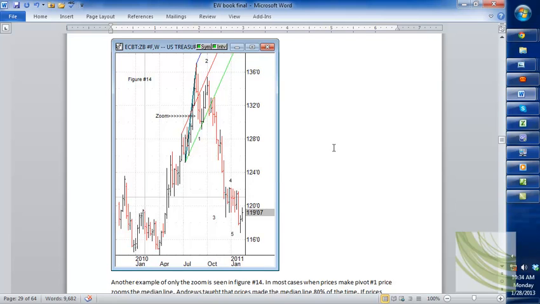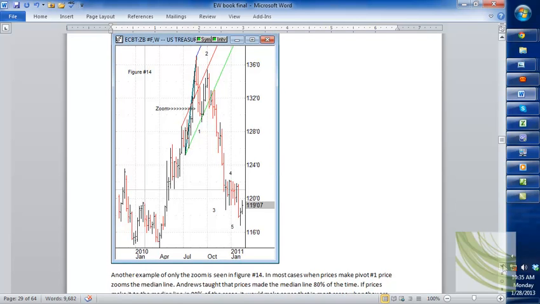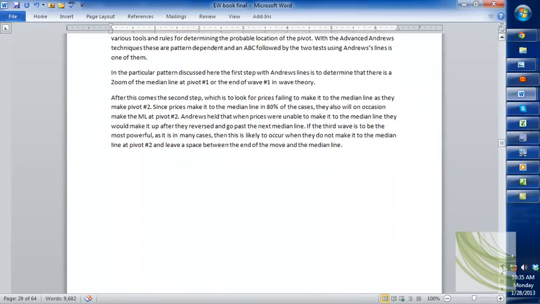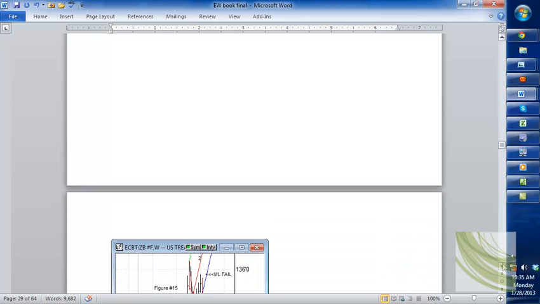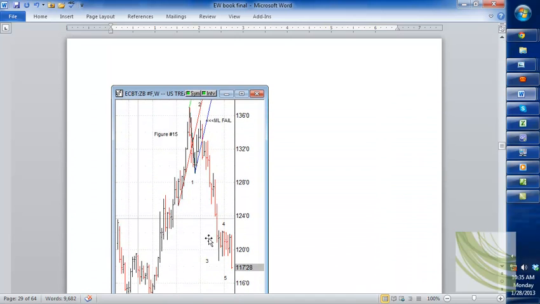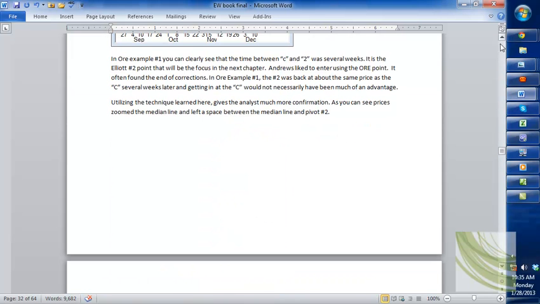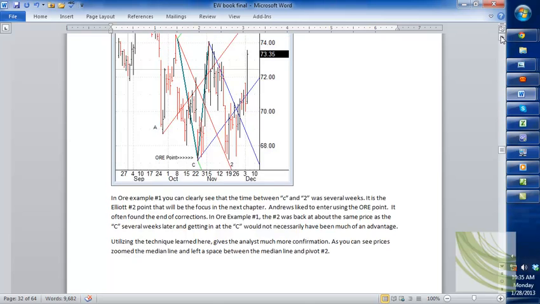So here in this section of the book, we go over Andrew's rules and the zoom thing I just told you about, and all those good kind of things. See, and so here we have prices failing to make it to the ML at pivot 2, and down we go. Doesn't work 100% of the time, but it's pretty darn good.